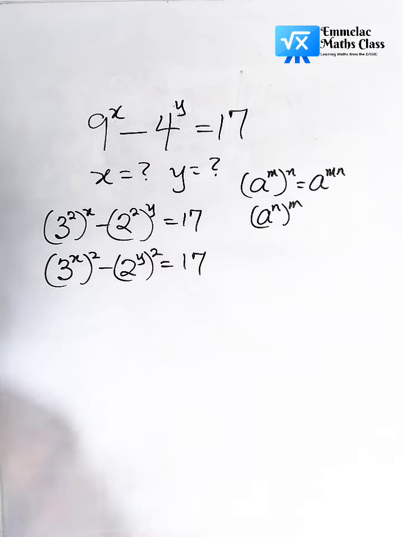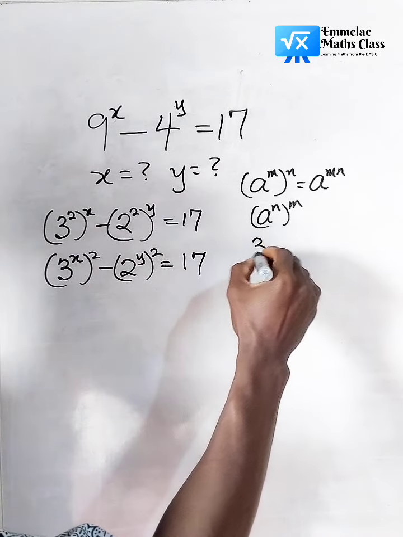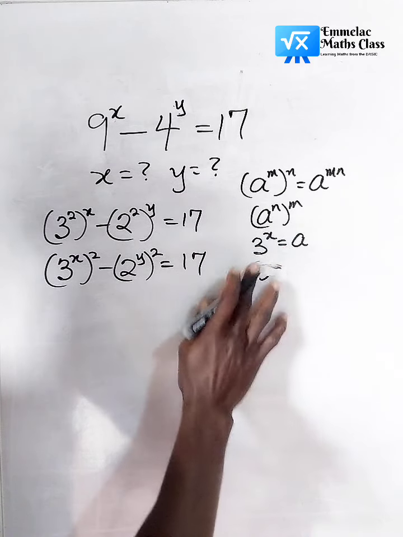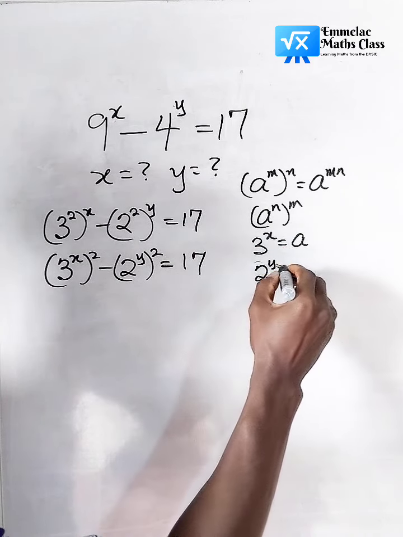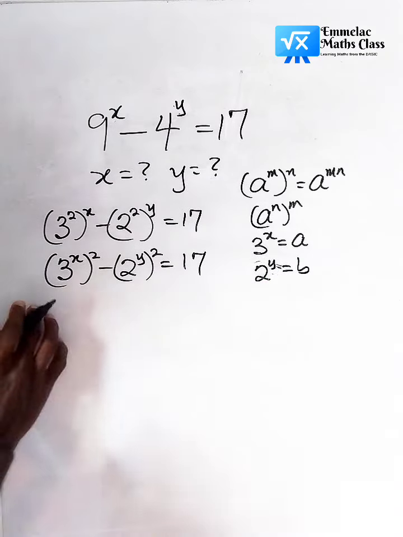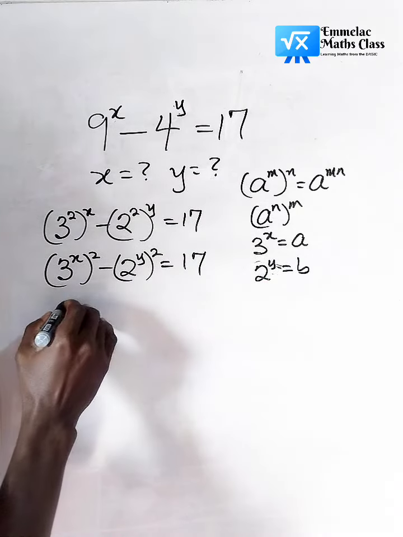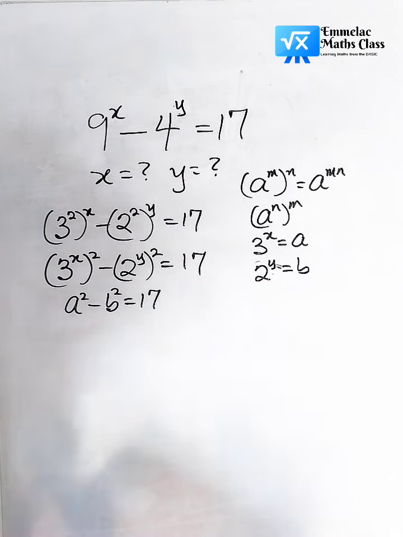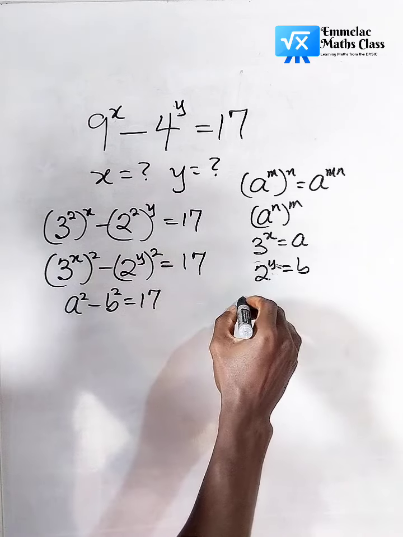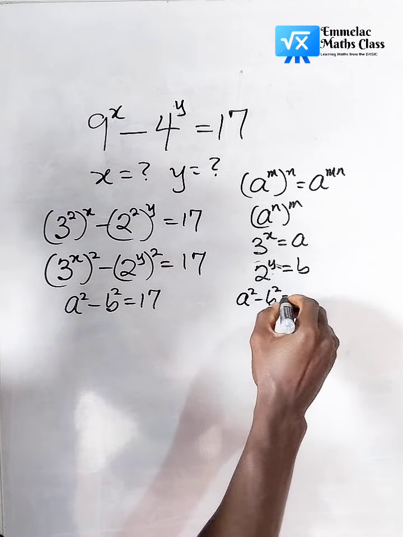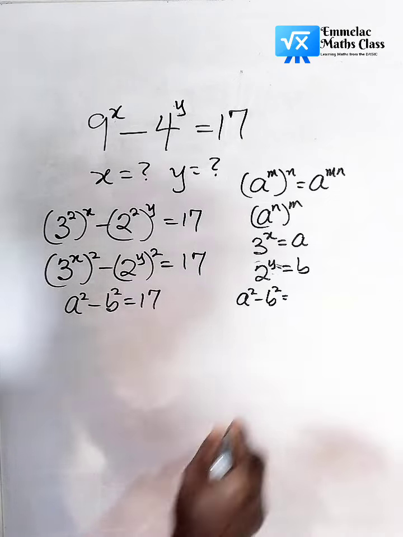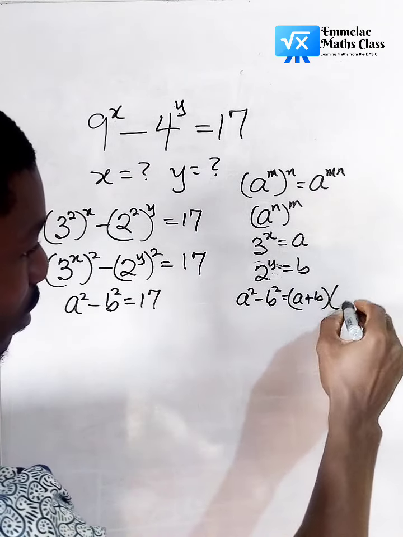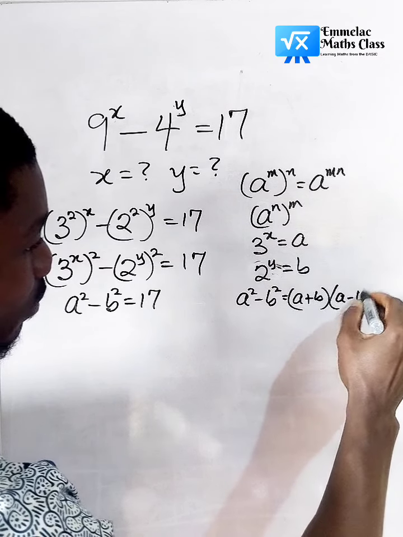Now to this end, let's make 3 raised to the power of x equal a, and 2 raised to the power of y equal b. So this equation here becomes a squared minus b squared equals 17. And let us take note also that a squared minus b squared, which is the difference of two squares, will give us a plus b times a minus b.